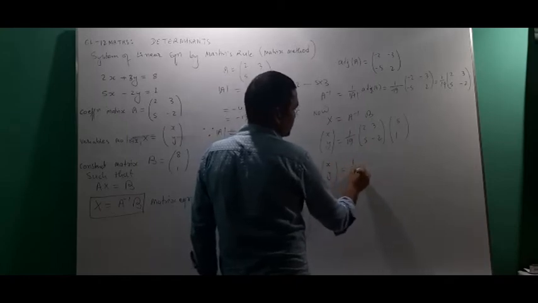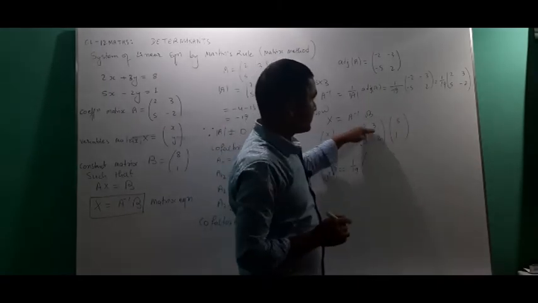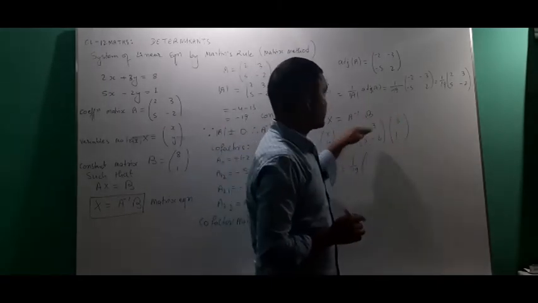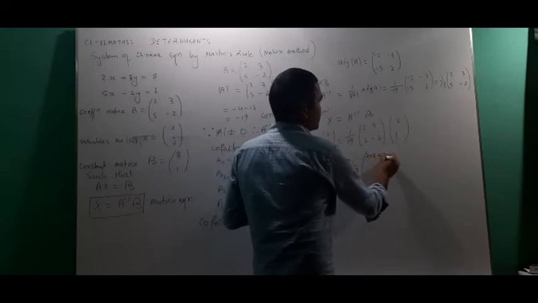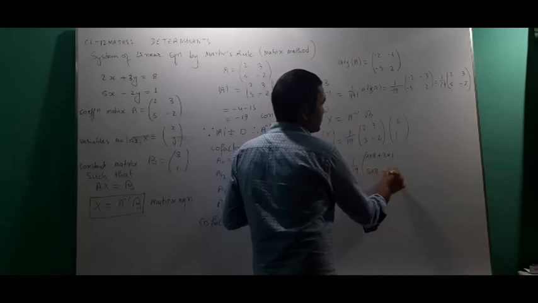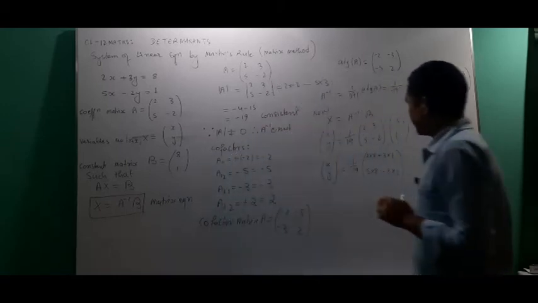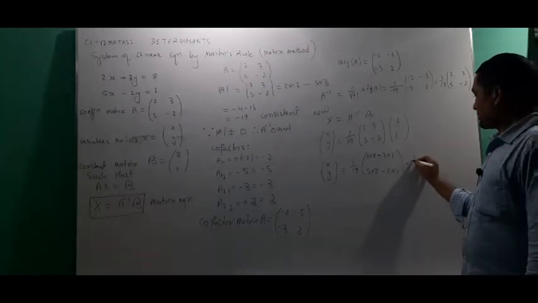Then XY equals 1 by 19. Now get the matrix product. Take row, multiply to column. Take row, multiply to column. That means 2 into 8 plus 3 into 1, then 5 into 8 minus 2 into 1. You know how to do matrix multiplication.